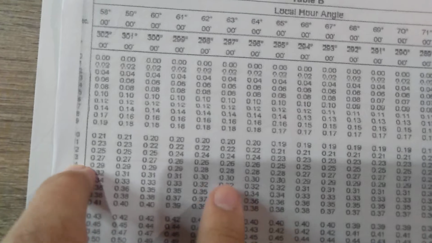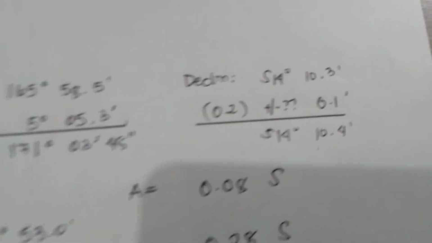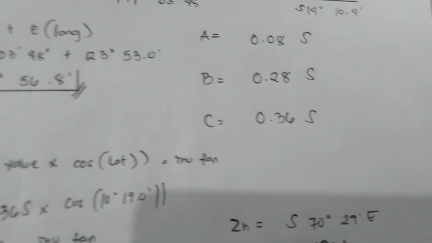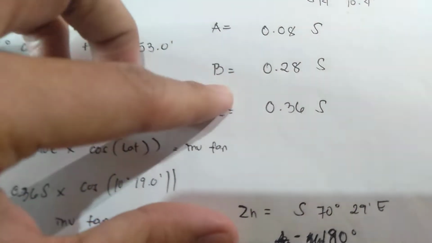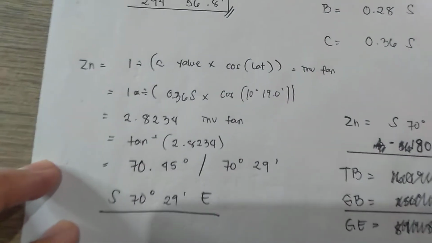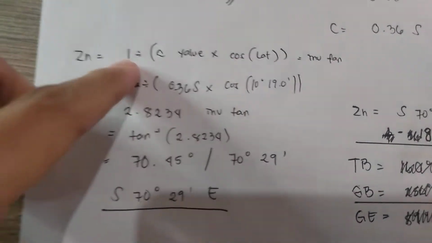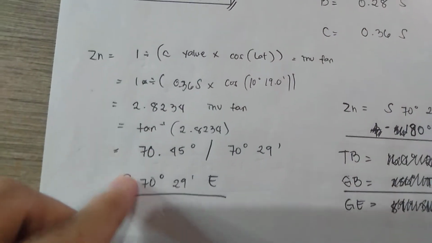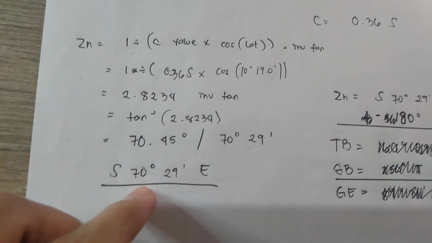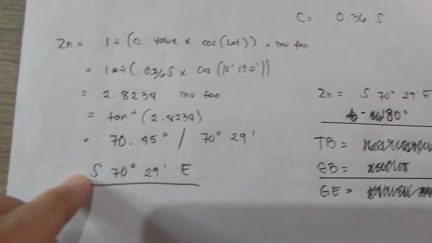That would be 0.28, and that is south, because we base it on our declination, which is south. And for the C, we simply add A and B, that is 0.36 south. And for the azimuth, we use the formula, and that results to 70 degrees 29 minutes south and east.